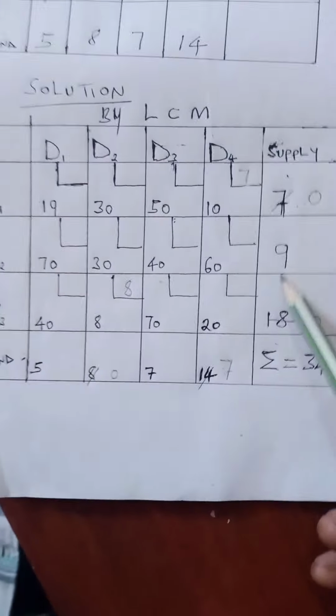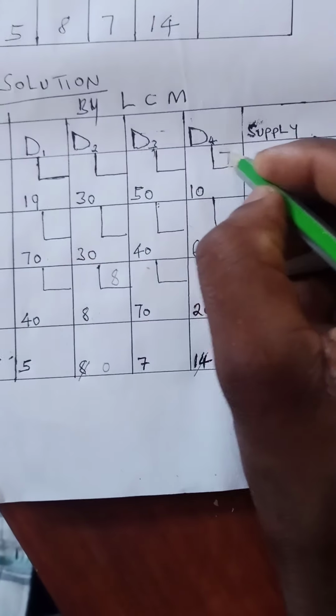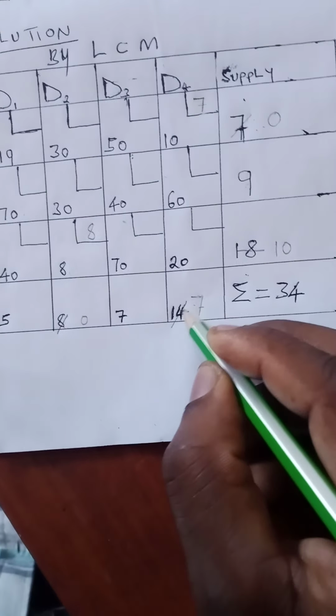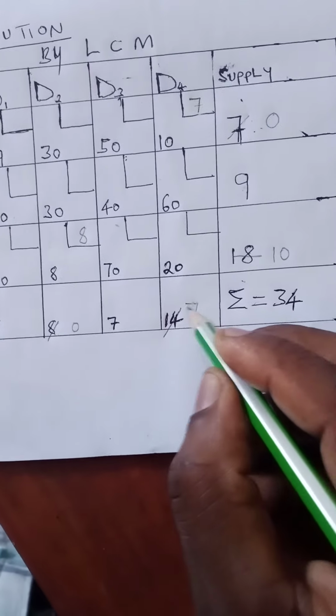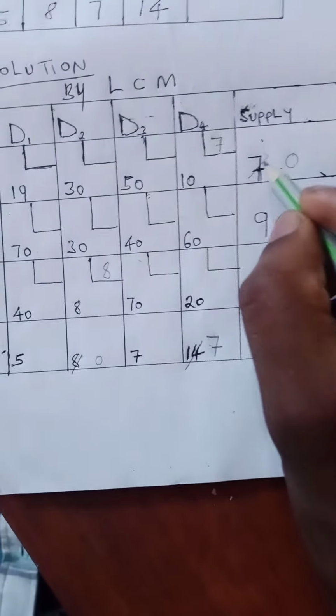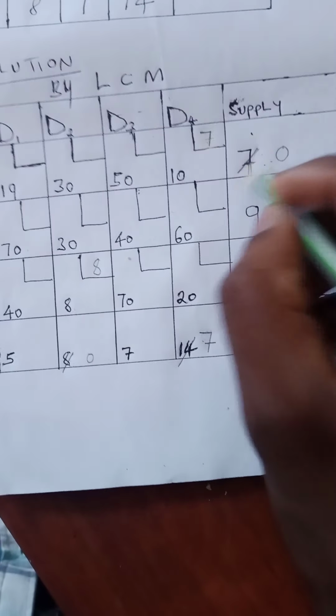So we put 7 here, and we subtract 7 from our demand. We remain with 7 here. Since we have supplied 7 here, we cancel out the supply, and we remain with 0 here.